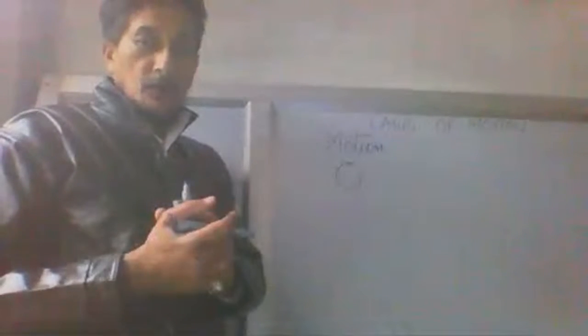If a body is not changing its position in comparison with the surroundings, it is said to be in the state of rest. And if the body is constantly changing its position with respect to the surroundings, it is called in the state of motion. This we learned in chapter number one. On the 26th of April I gave this lecture, and on the 27th and 28th also.